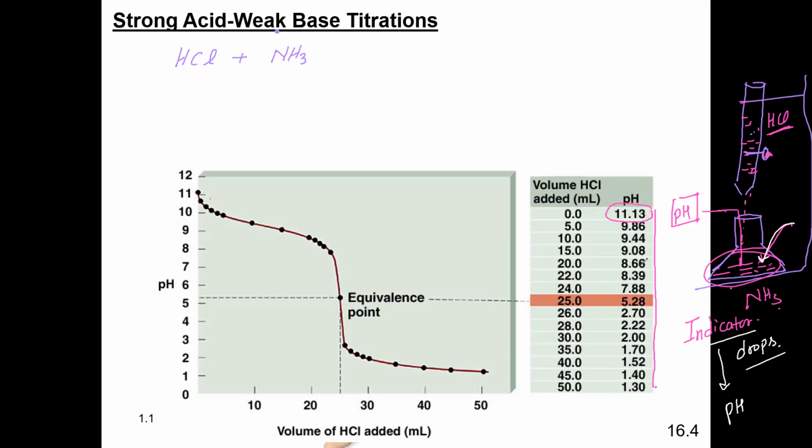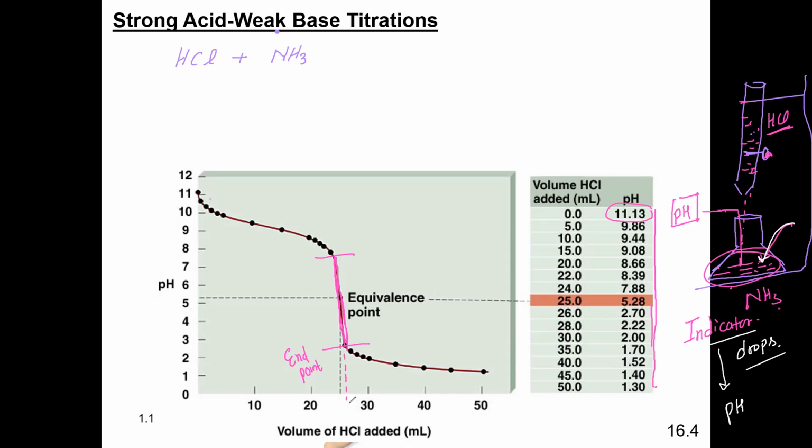But after the titration, at the equivalence point and above, you can see there is a big change in the pH, a big drop. This is called the endpoint. Your indicator will show you a drastic change in the color at this particular point by adding one extra drop of HCl. The indicator is showing us change in color because of the, yes, anyone?